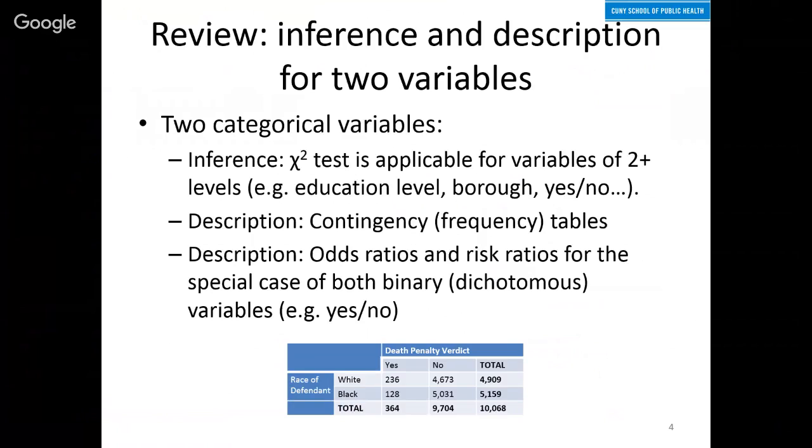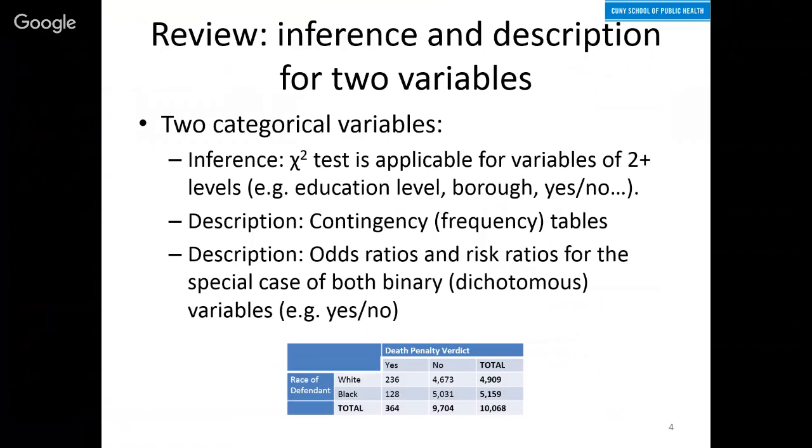So for 2 categorical variables, we didn't actually have a predictor and a response. We just had a 2x2 contingency table. It made no difference which one was the predictor. We calculated the chi-squared value just based on differences between the observed and expected values for each cell of the table, and that was a test statistic that always increased with greater dependence between the variables and greater differences between the observed and expected values.